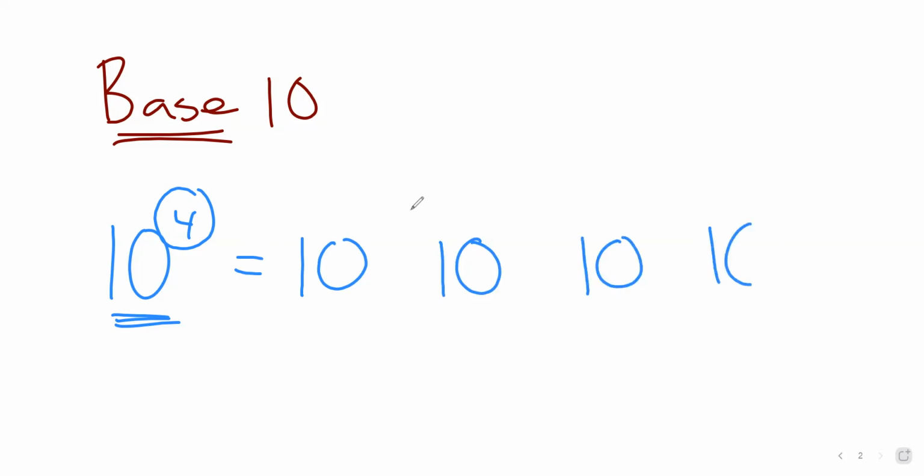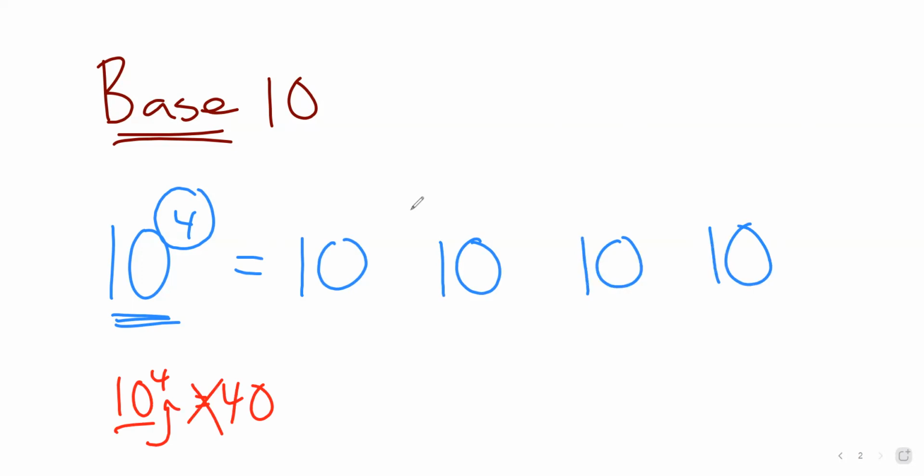Exponents are a form of multiplication, but not a direct multiplication. A lot of people will make the mistake with 10 to the power of 4 of saying 10 times 4 equals 40. No, that is incorrect, and that is a very common misconception.